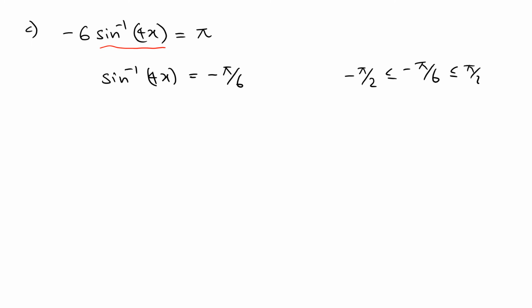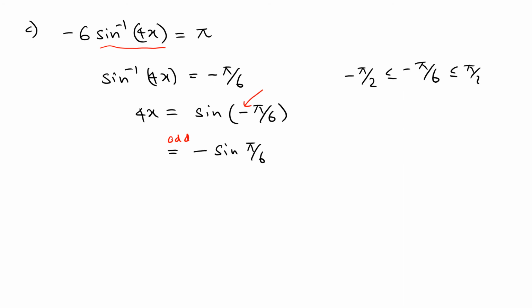By the definition, if you take the sine of both sides, we can write 4x equals sine of negative pi over 6. But we know that sine is an odd function, so we can write this as negative sine pi over 6. You can pull the negative sign out because sine is an odd function.